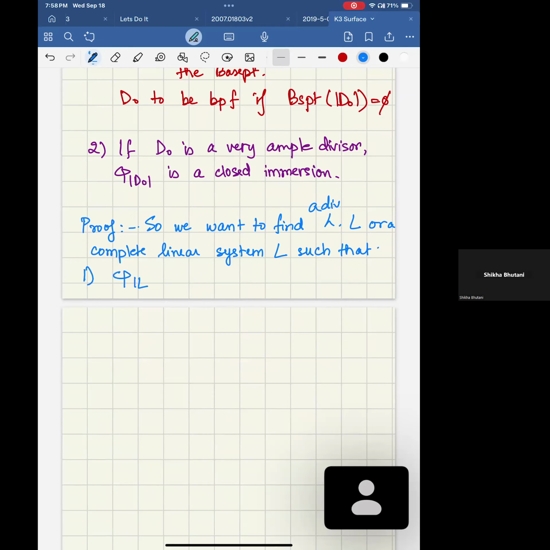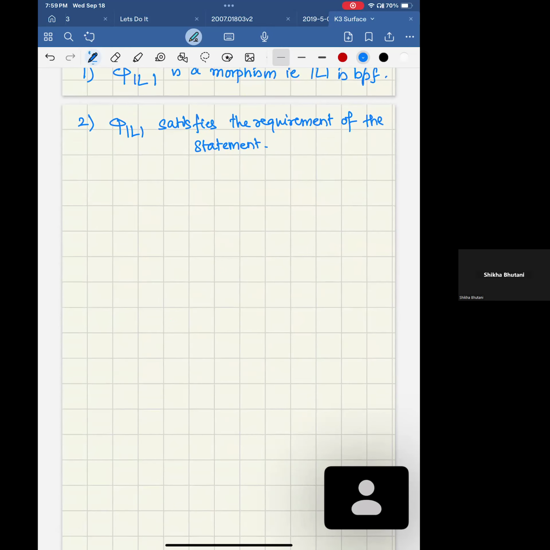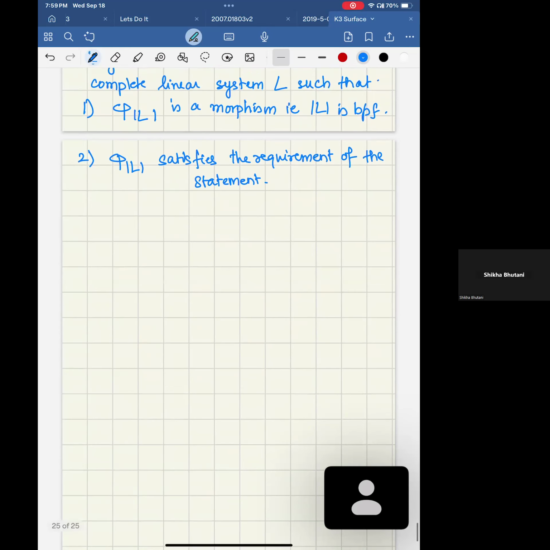First, that this thing becomes a morphism, right? That is, the linear system is base point free. And the other thing that we require is that phi of L satisfies the requirement of the statement. That means the three conditions that we say mu holds, phi of L must, like, we need to find an L such that nice things happen.